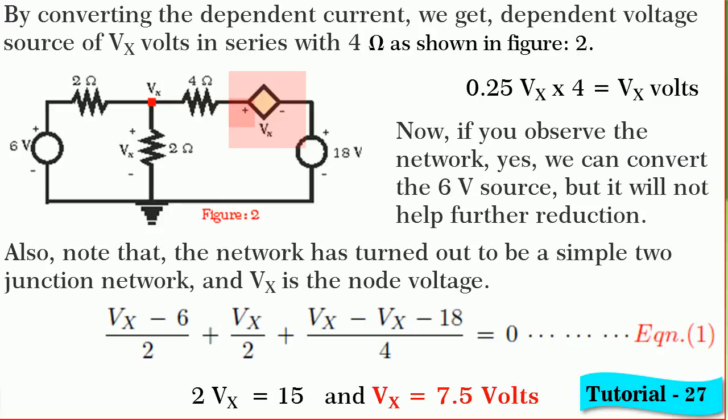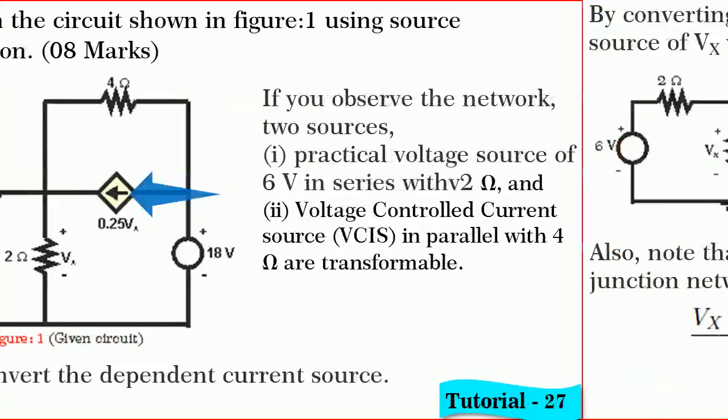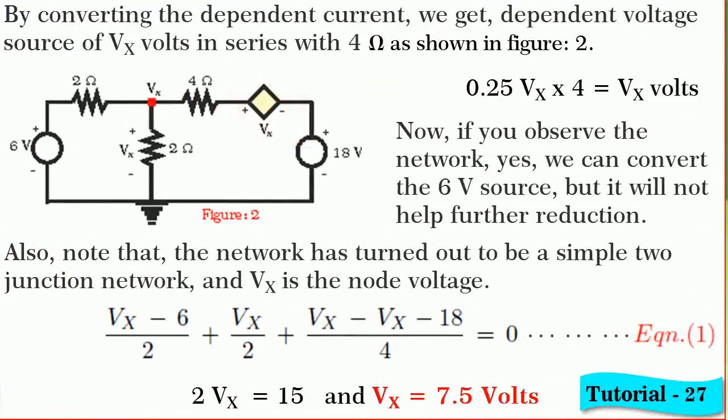Positive is on the left hand side because the orientation of 0.25 Vx amperes is from right to left. So, the converted voltage source also should drive the current from right to left. That is how you have to fix the polarity of the converted voltage source.